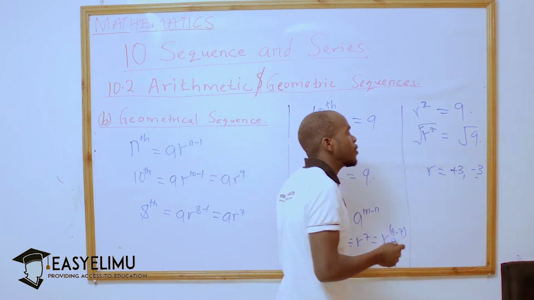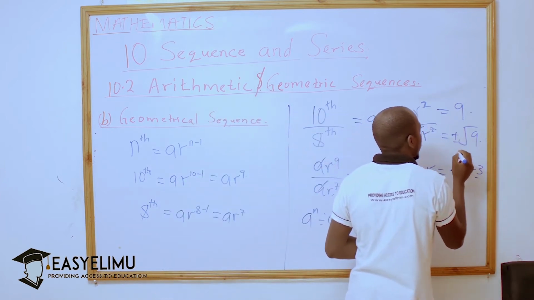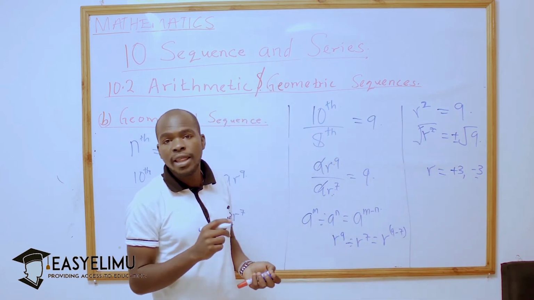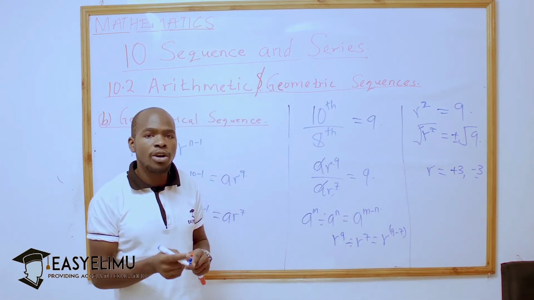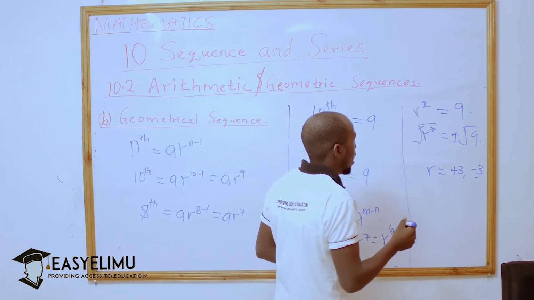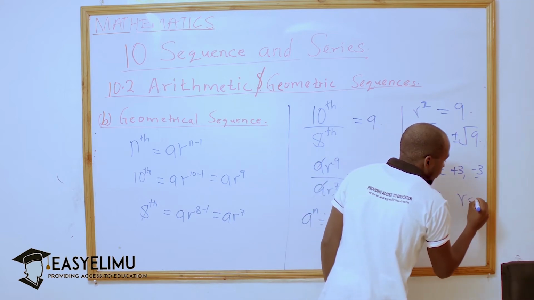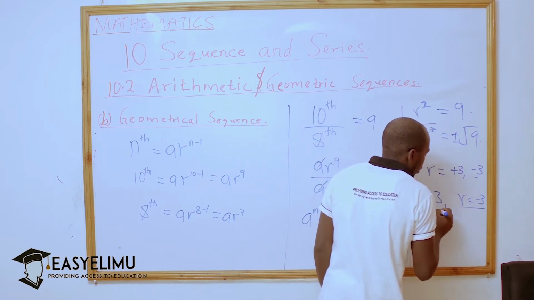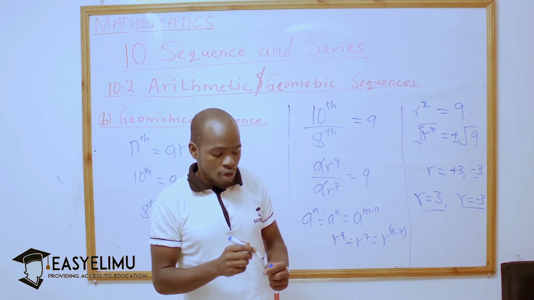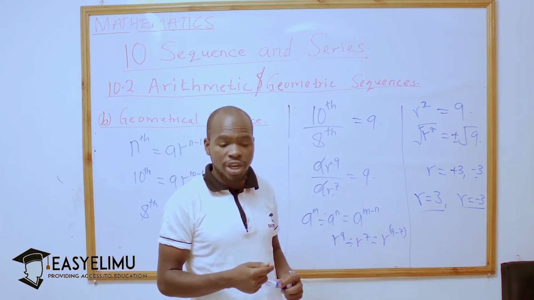It may be either positive 3 or negative 3. So you will have r as either 3 or r as negative 3. Those are the possible values of the common ratio.